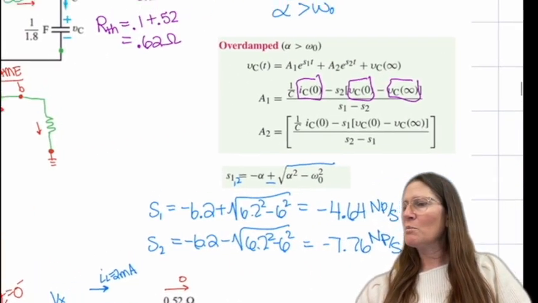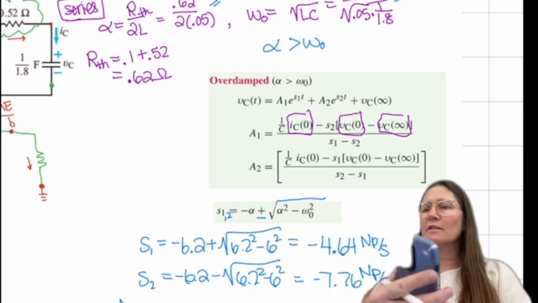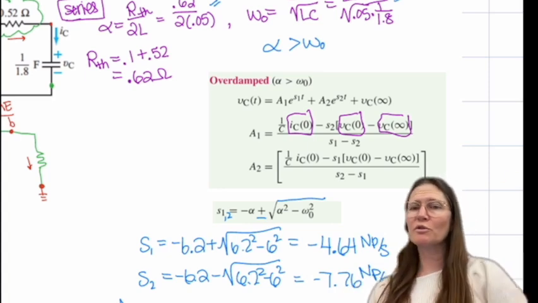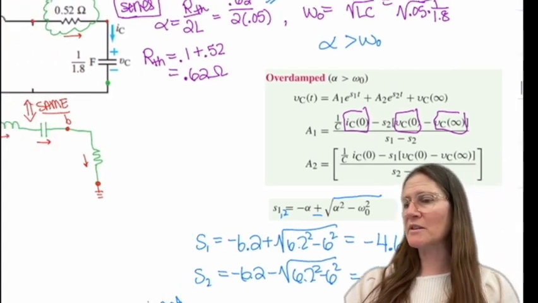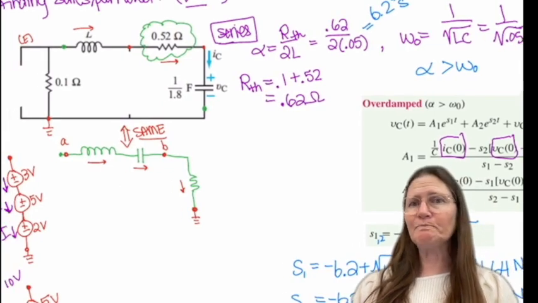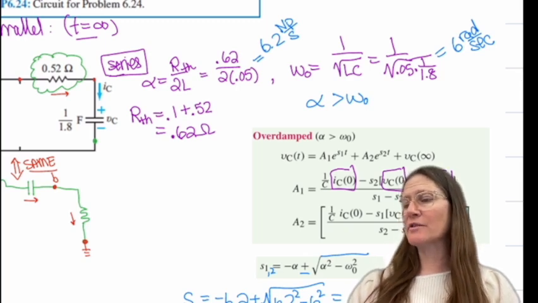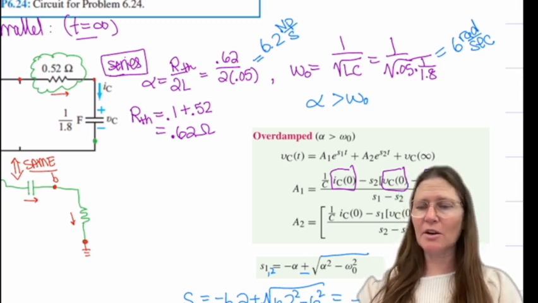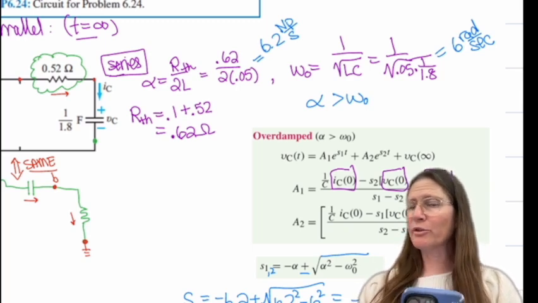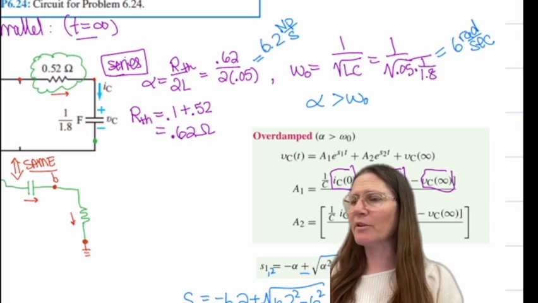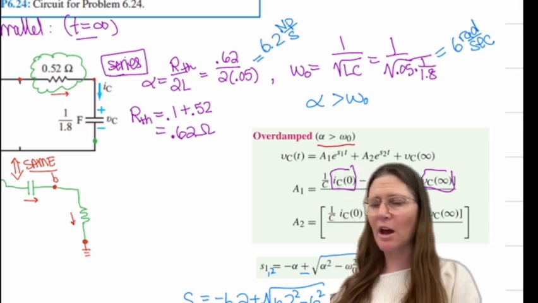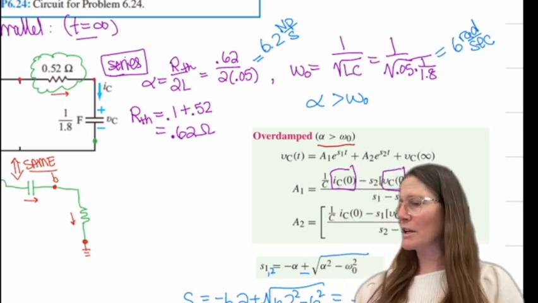And then we moved over to finding the solution for this one, which was to find the RTH, which is based again on that final circuit. And then omega naught, and we use that to find the alpha, and then the omega naught, compare those two, and in this case we found that this one is overdamped because alpha was greater than omega naught.